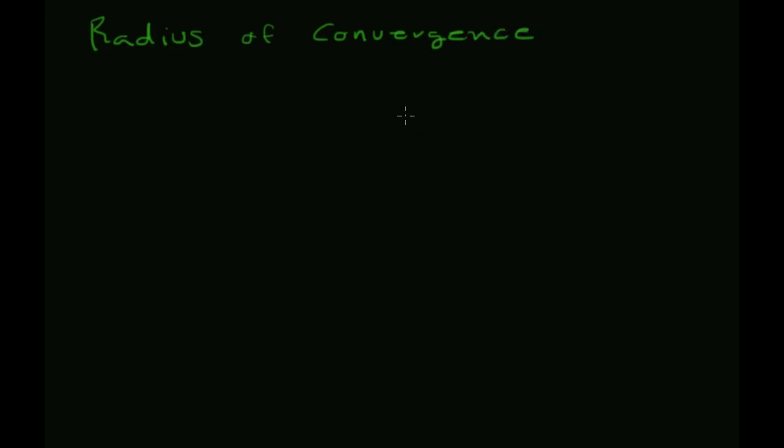Okay, so the radius of convergence, if you remember, our power series has this form: some set of coefficients times x minus some a to the nth power, and n is going from 0 to infinity.